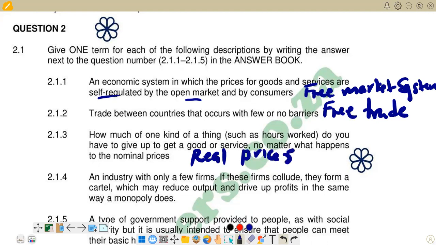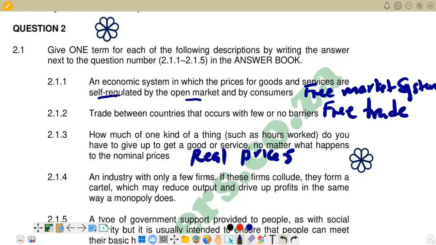Then we go to the next one, 2.1.4. It reads an industry with only a few firms. If these firms collude, they form a cartel, which may reduce output and drive up profits in the same way a monopoly does. This explanation is looking for a market structure.